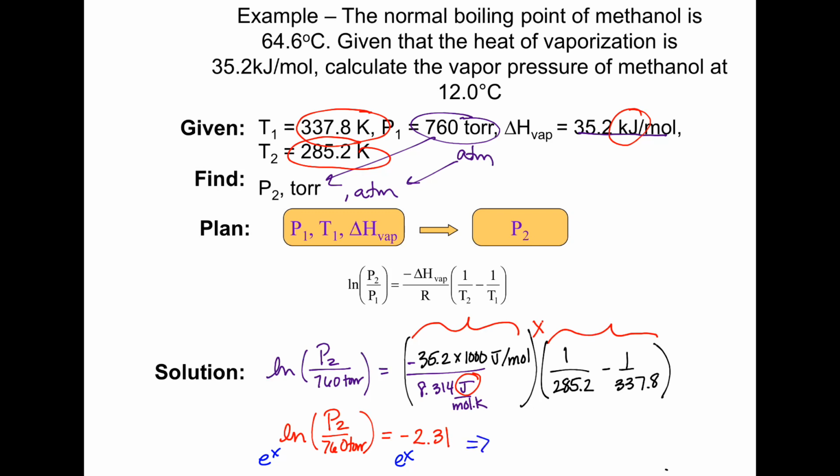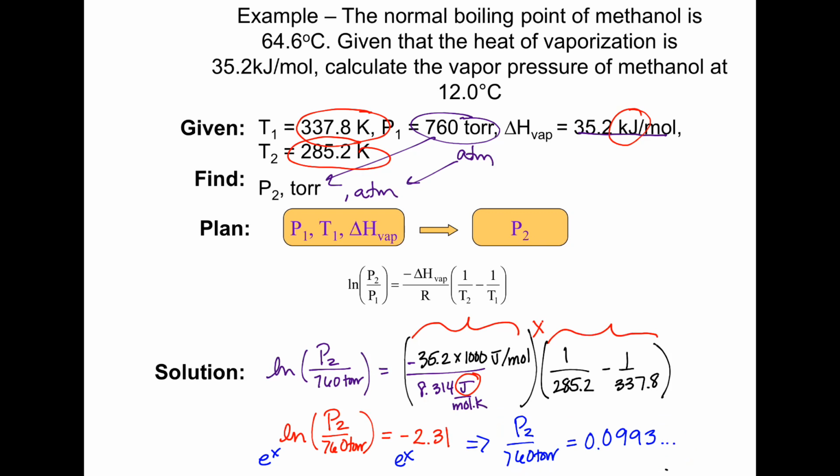So algebraically, what that works out as is P2 over 760 torr. And then what I got on my calculator was 0.0993, some other numbers past that. So now I've gotten rid of that nasty natural log, and now I have just this. I'm trying to find P2.